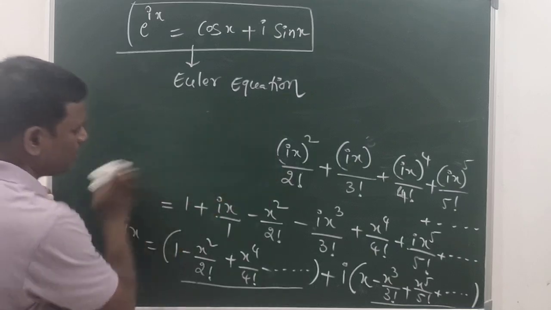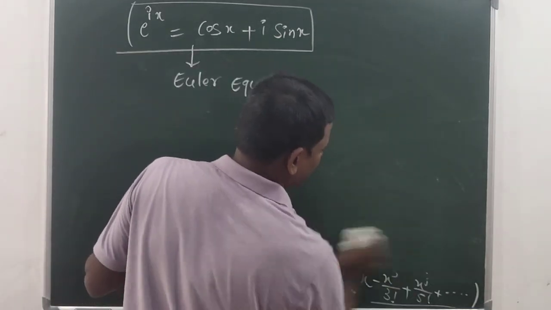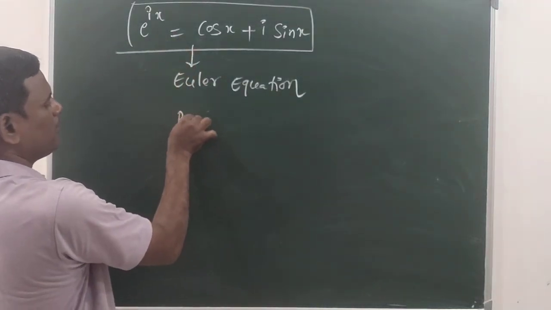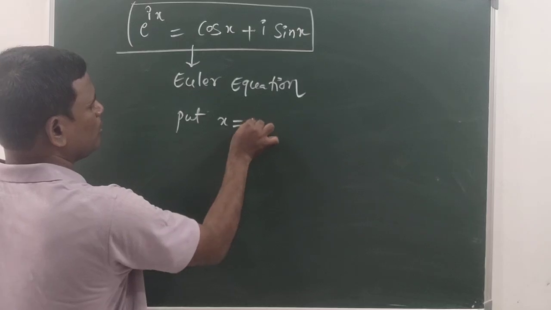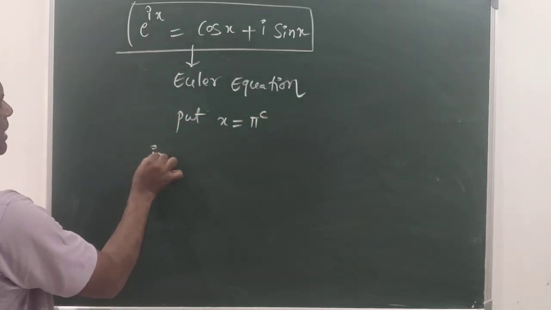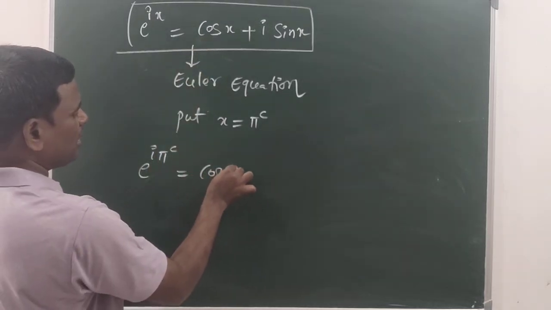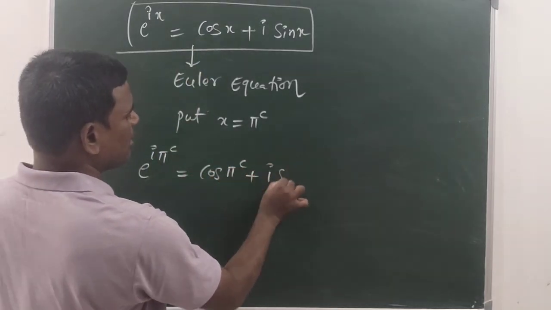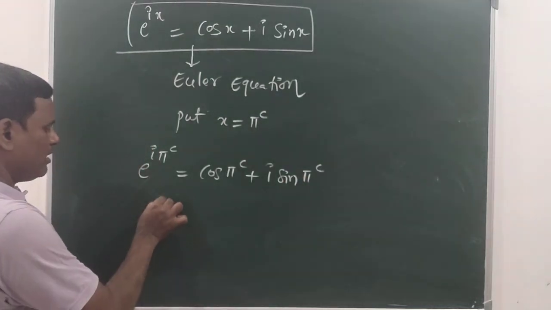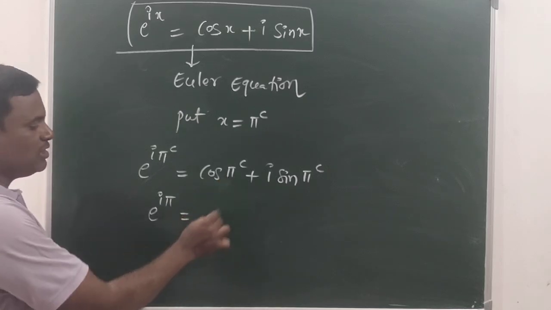So here you have to remember one more point. Replace x by pi radians. If you write x equal to pi radians, this is going to be e power i pi radians, which is equal to cos pi radians plus i sin pi radians. So here e power i pi is equal to cos pi radians, which is equal to minus 1.